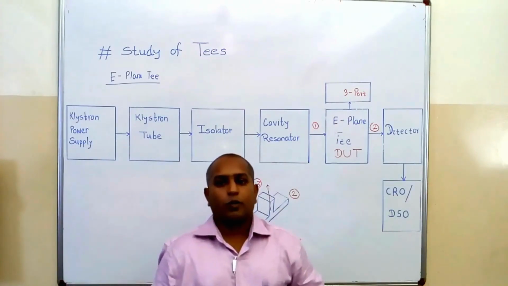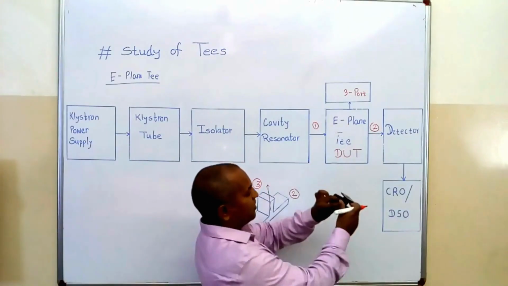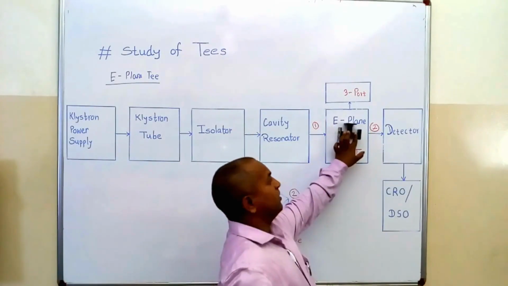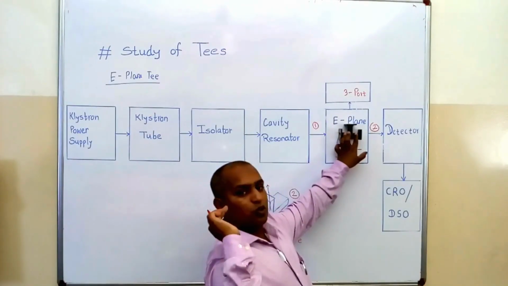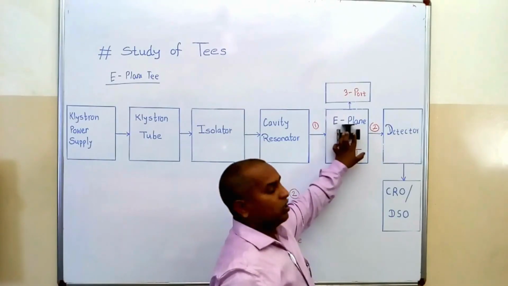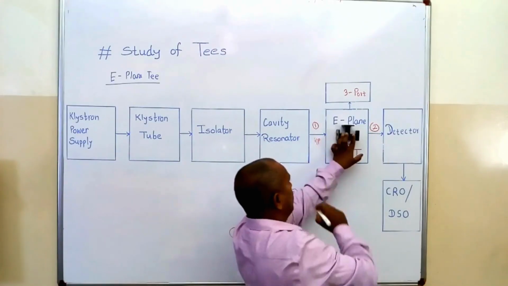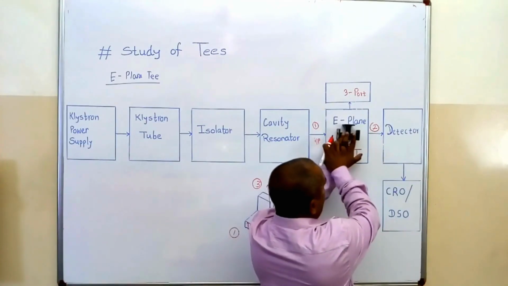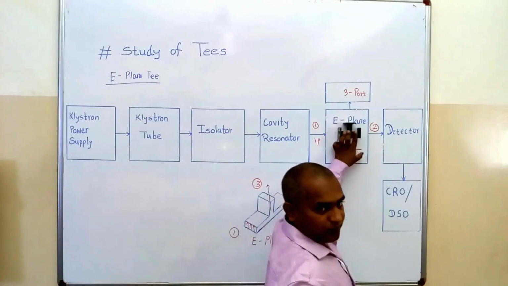Now let us see the working of E plane T. Suppose your E plane T is connected in between your block diagram. Apply some input from the source towards the E plane T. So here this is my input port number 1. This input port will transmit the information to port number 2.